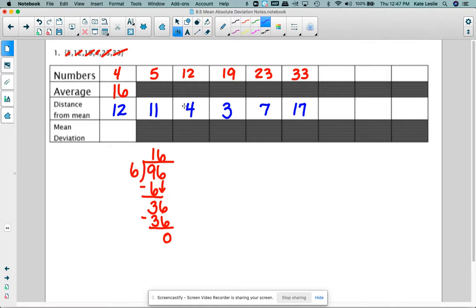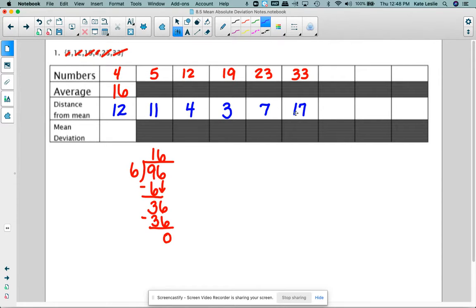Now, don't be freaked out that these are not in order from least to greatest. That's not a problem. All we're doing for this final step is we're going to find the mean of this new data set. As you can see, these are 6 totally new numbers from my original set. So I'm going to add all these numbers together.